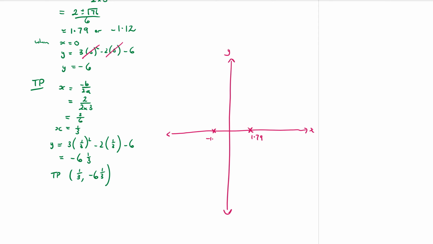My y-intercept was at negative 6, so let's put that there. My turning point was at a third, minus 6 and a third, just slightly past there. You could put those on the axes, but if you don't want to make it messy, you can write the coordinates here as a point, a third, minus 6 and a third, which will keep it a little bit neater.